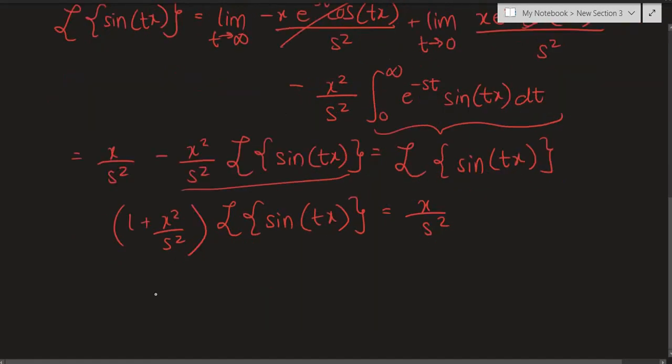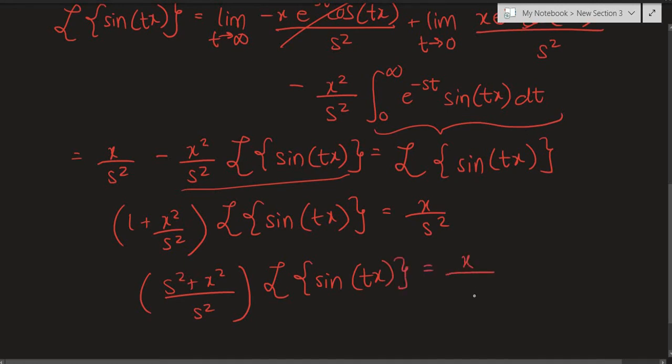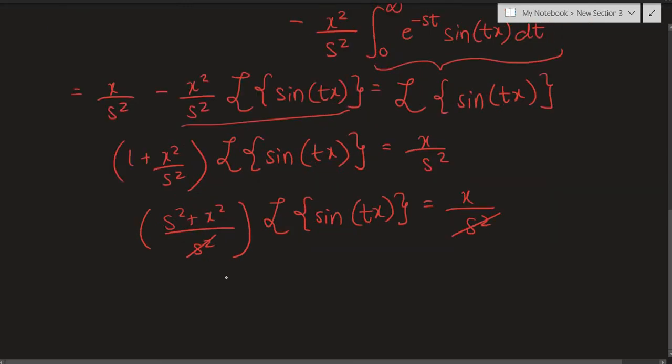So cross multiplying properly, s squared plus x squared divided by s squared times the Laplace transform of sine of tx is nothing but equal to x over s squared. s squared will cancel out, and therefore now cross multiplying again, we have Laplace transform of sine of tx being equal to x over s squared plus x squared.